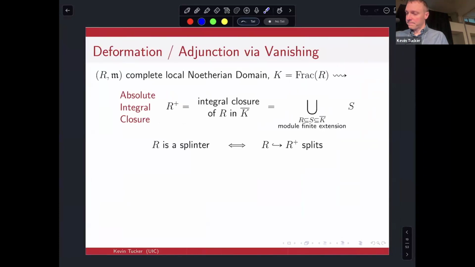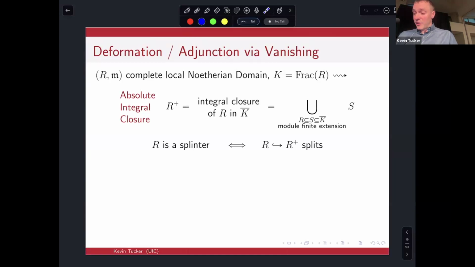Briefly, the deformation and adjunction package for splinters follows from vanishing theorems in much the same way that Karl spoke about yesterday. So rather than just rehashing that, let me give you the local version of the vanishing theorems that's at play here.